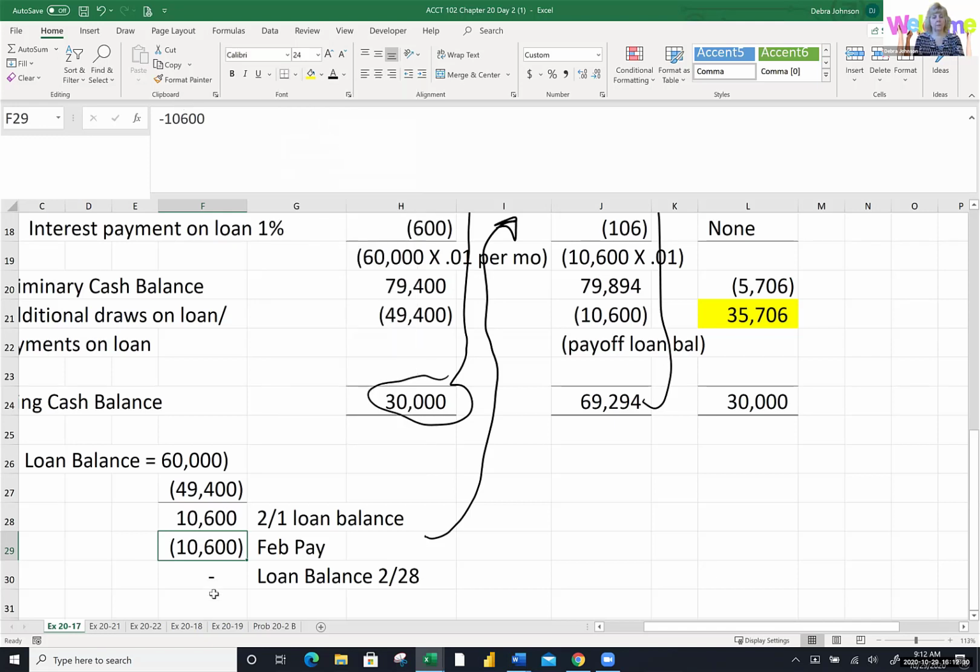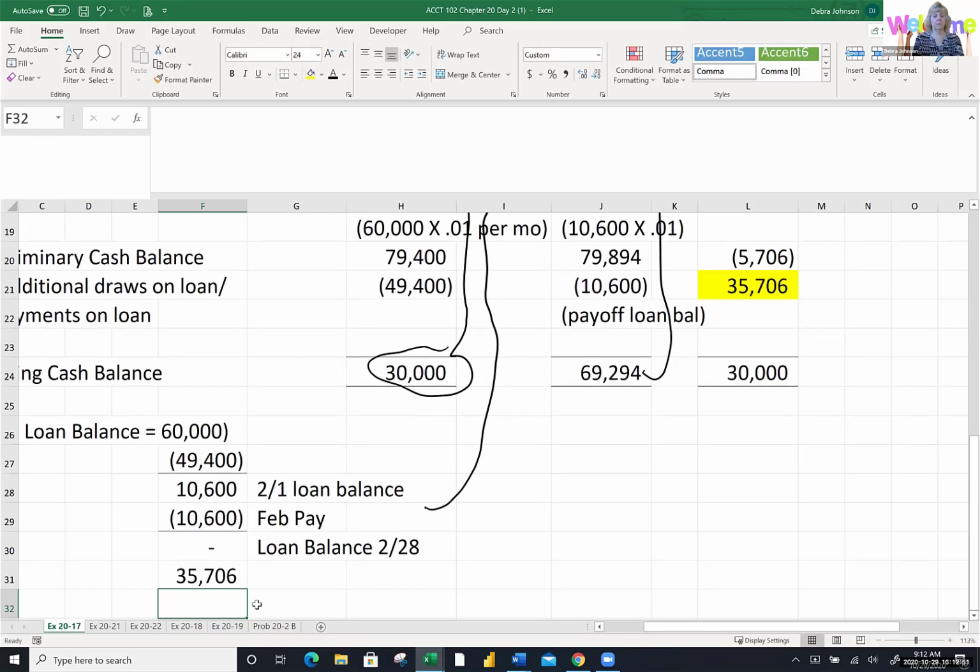That's what a line of credit allows you to do. So if somebody asked you what the loan balance was on March 31st, I was going to say April 1st, if we were to carry this schedule going out another month, your answer would be, well, we owe 35,706 and we would have to pay interest on that. So let me get that in there.